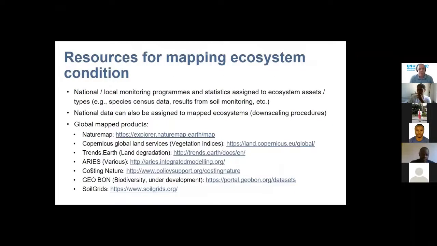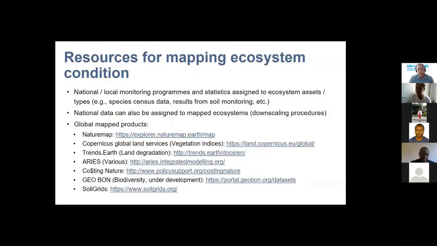So just thinking about some of the resources for mapping ecosystem condition that might be out there. Where data exists for different ecosystem types, this could potentially then broadly be assigned to different ecosystems in a collective sense within your study area, or it could be assigned to distinct ecosystem assets or areas if it's supported by spatially referenced information, and various downscaling procedures could also be employed, making assumptions about how that information might be disaggregated.